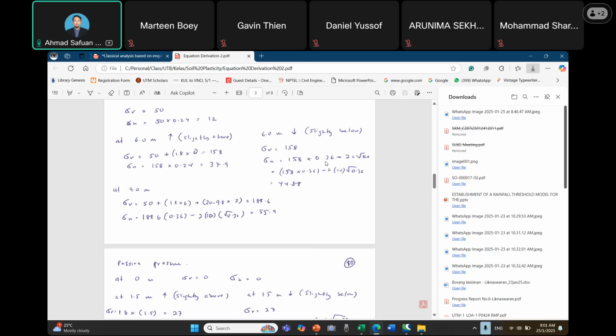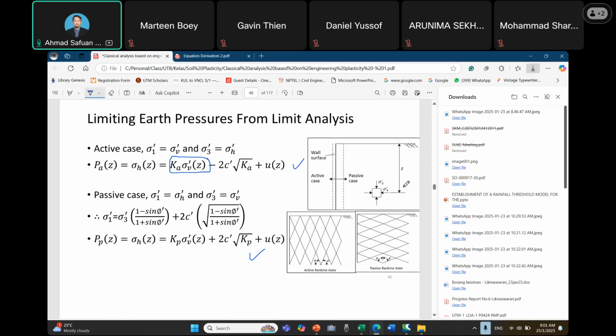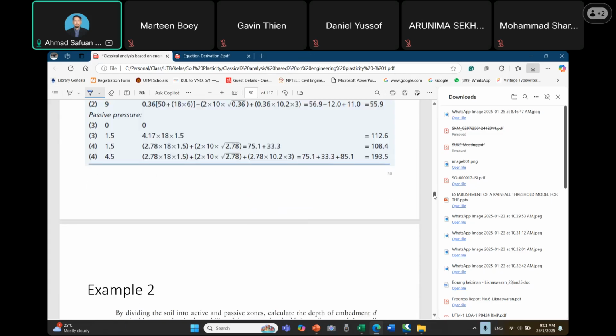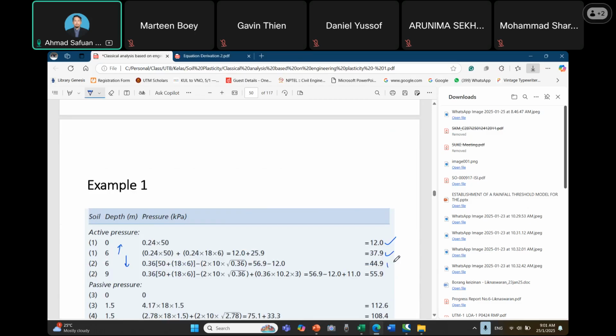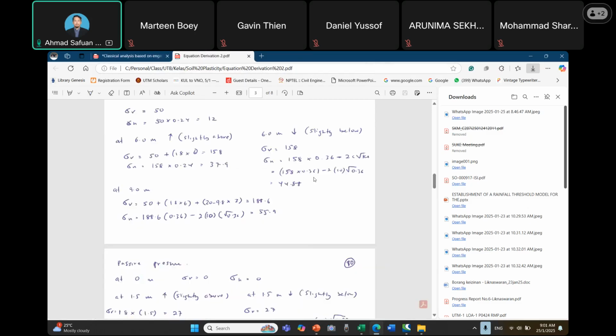So then we obtain 44.8. So look at the example here. We obtain 44.9, which on this solution is 44.88.